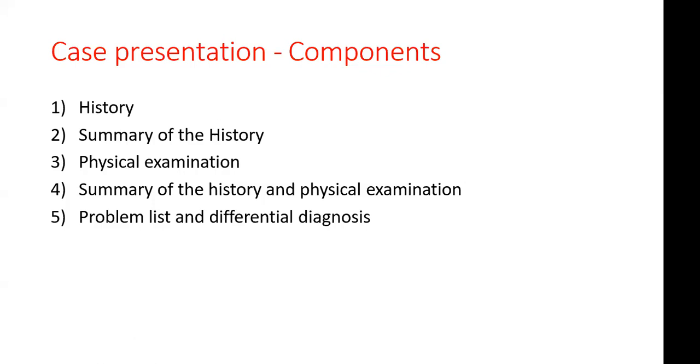Then after the history, you should have a summary of the history. Then the physical examination. After that, you have a summary of the history and the physical examination. That is a more composite or combined summary, or the final summary. And then as the 5th item, you have a problem list and differential diagnosis. I will explain all of these as we go on.